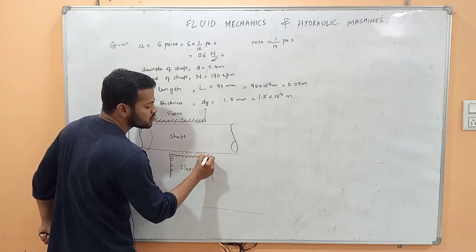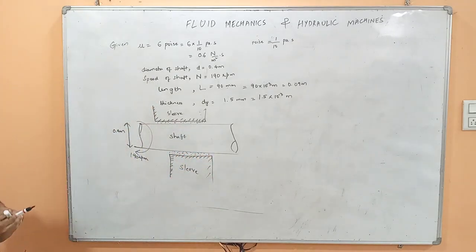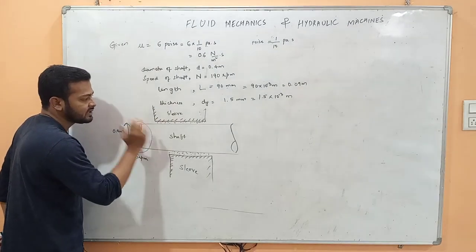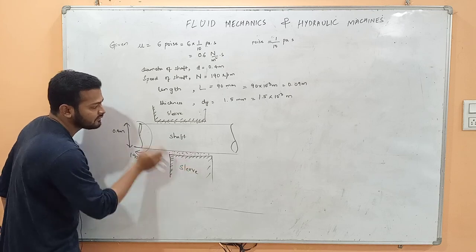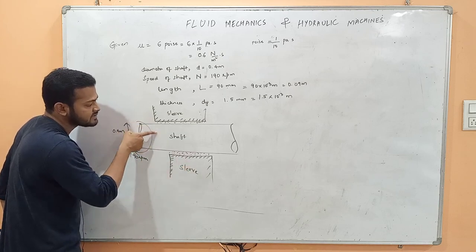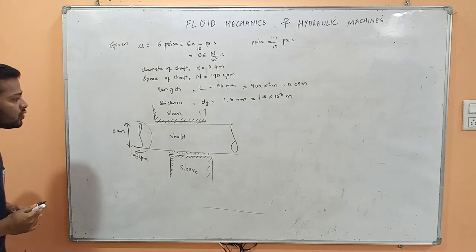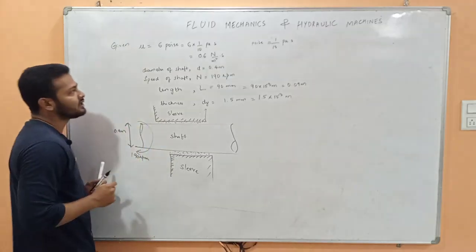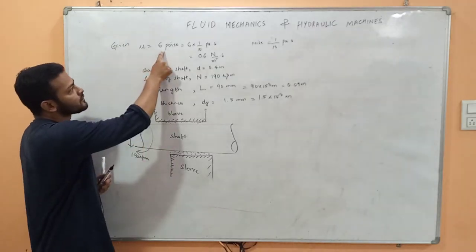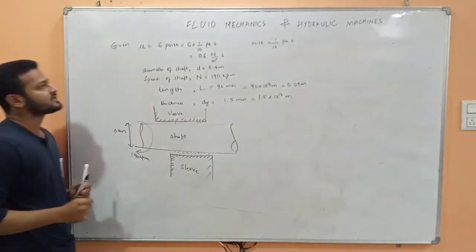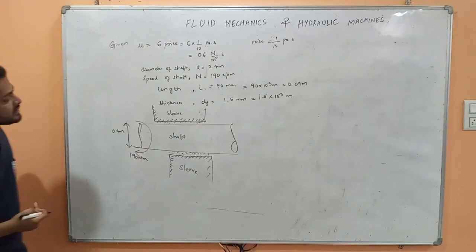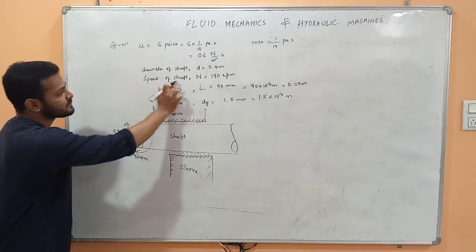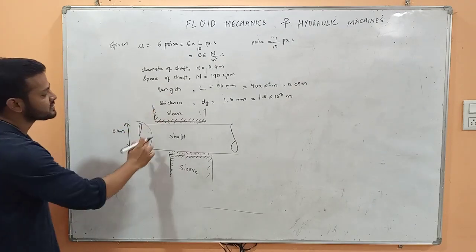Lubricants are used in order to reduce friction. So the space between the shaft and sleeve is filled with oil. The viscosity of this oil has been given in the question, that is 6 poise. After converting it into SI units, that is 0.6 Newton per meter square into second. Next, the diameter of the shaft is given, speed of the shaft is given, length of this sleeve is given.